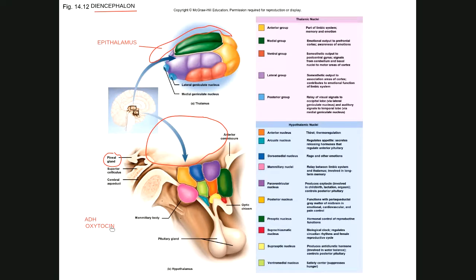Now, the hypothalamus has many other roles. Many of those roles might be listed here on the table, but let me summarize them for you. First of all, it's involved in thermoregulation, which means regulating body temperature.